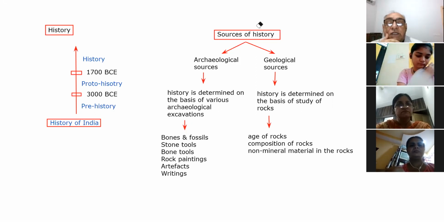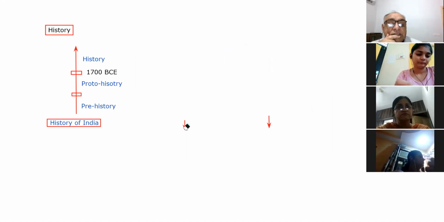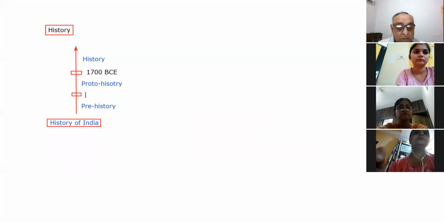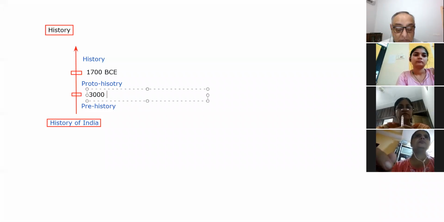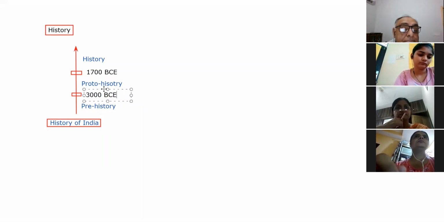Okay, beta, now the next thing is there. Here, let me write 3000 BC. Right.